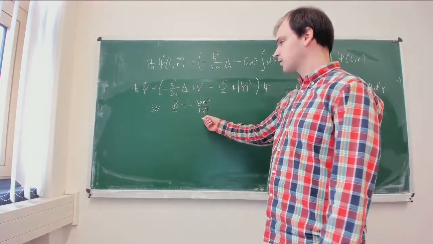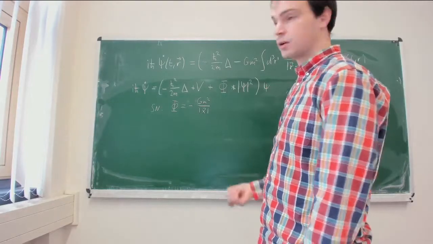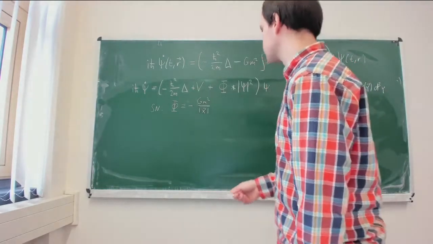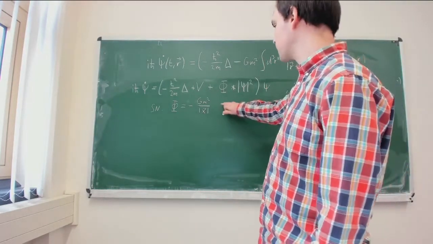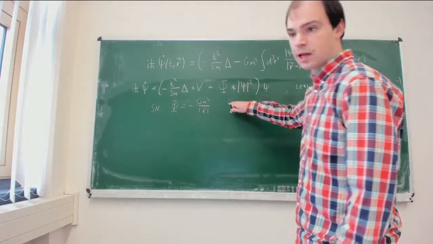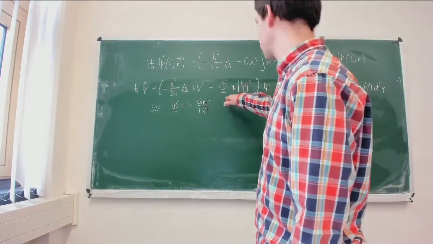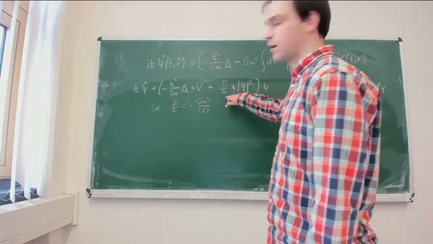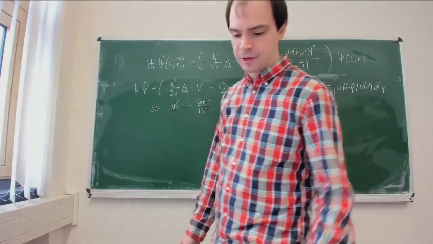Okay. So for this choice of phi, we get the Schrödinger-Newton equation if we put V equals 0. But we could get more general expressions of this Hartree equation by having different functions here for phi.